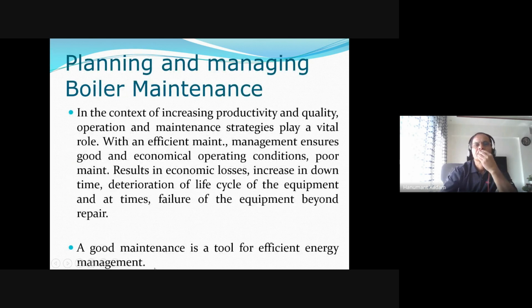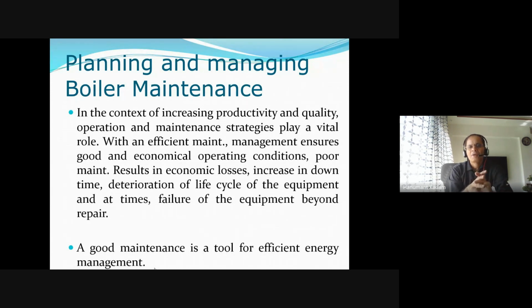Planning and managing the boiler maintenance. In the context of increasing productivity and quality, operational maintenance strategy plays a vital role. Efficient maintenance management ensures good economical operating conditions. Poor maintenance results in economic losses, increase in downtime, deterioration of the life cycle of the equipment, and at times failure of the equipment beyond repair.